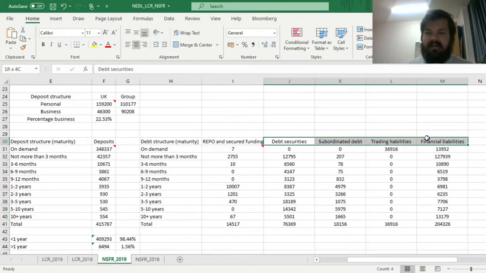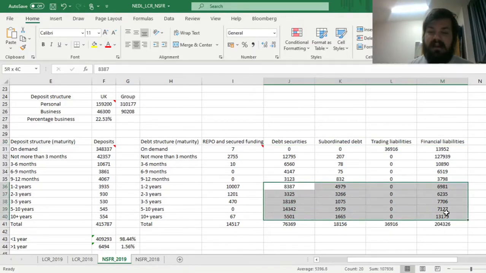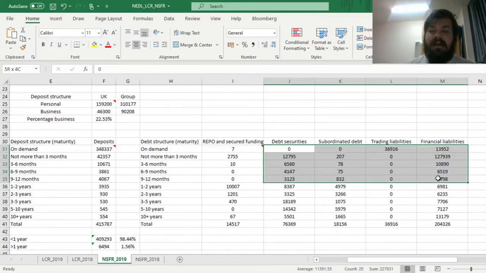While the other 4 items over here would have the usual and perhaps more easily understandable breakdown, with longer term funding across these lines being weighted at 1, and less stable funding of less than a year maturity would have a weight of 0.5.